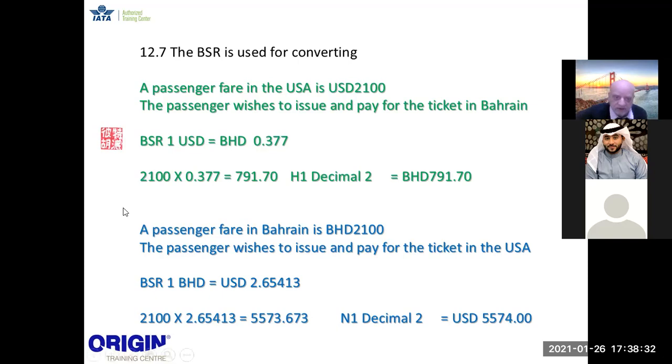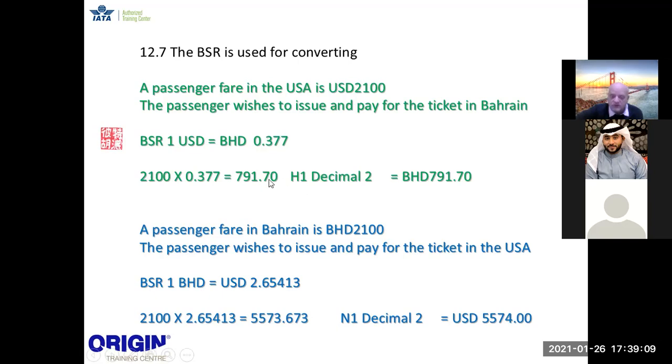So we would take the 2,100 US dollars, multiply by 0.3777, and we get 791. Okay. And then we're back to this rounding up rule. So if I've got 791.7, could that be the answer? Could it be 1.7? No, it couldn't. It has to be a complete one.